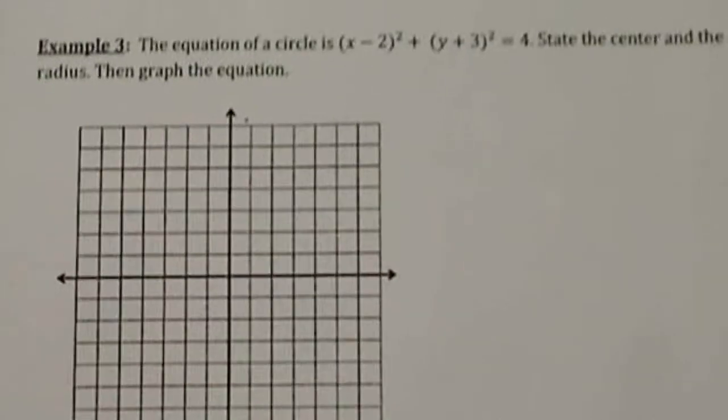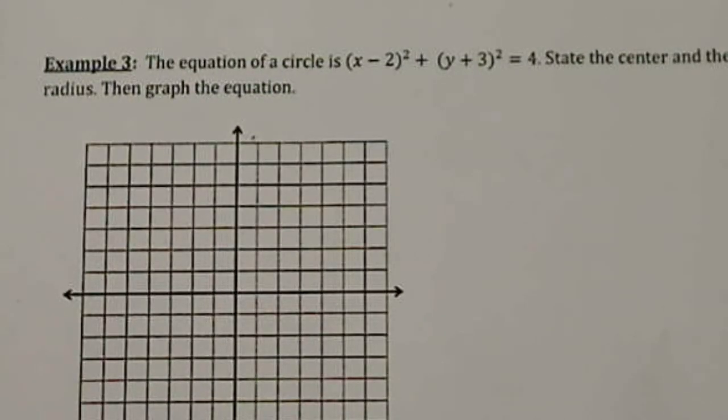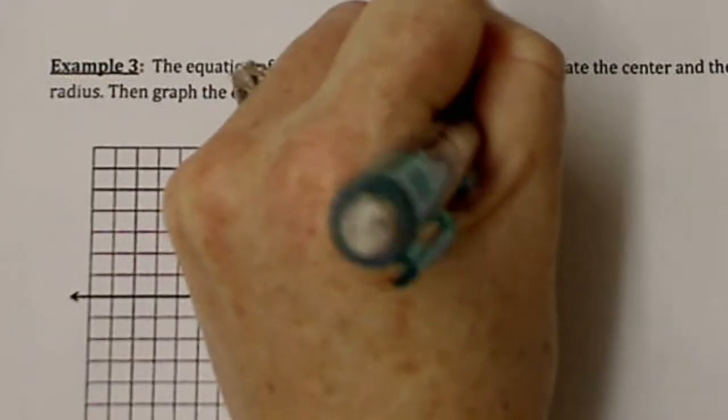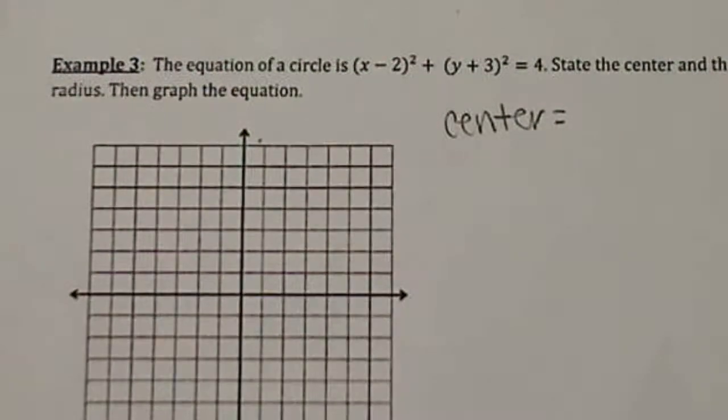Okay, last example. Let's try to graph this one. So we have the equation. First of all, we need to know what is our center. Where's the center of this circle going to be?